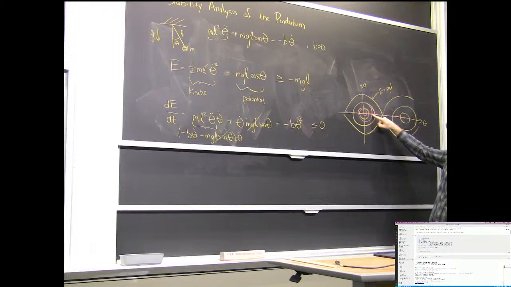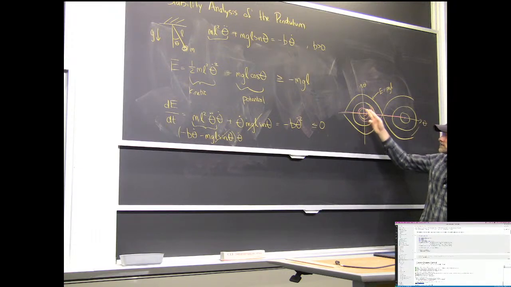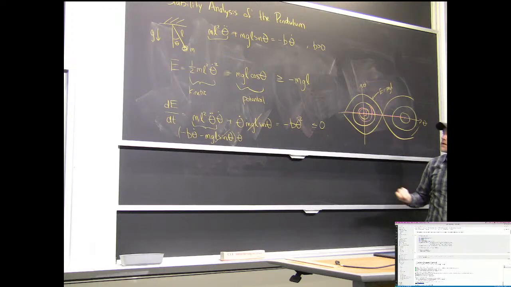So I can't stop here. That's not a fixed point. I can't stop there and stop going downhill forever. I'm going to transit through the place where I'm not going downhill and get back to a place where I'm going downhill. And as long as the total time that I'm going downhill dominates, then I'll get to the bottom.